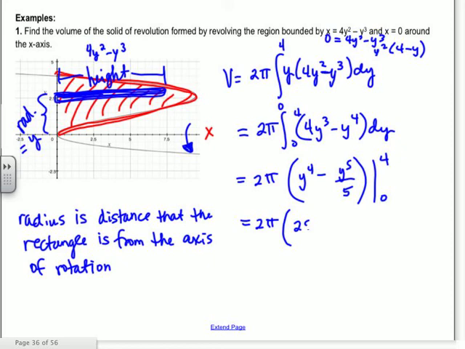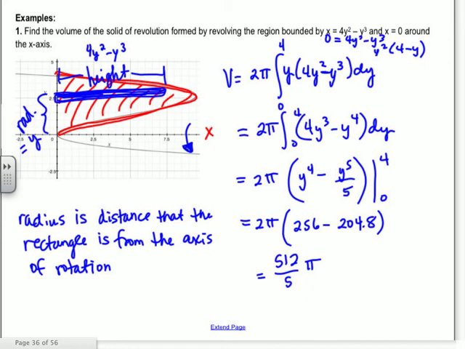Four to the 4th is 256 minus 4 to the 5th divided by 5, so 204.8. So you end up with 512 over 5 pi. That's your answer.